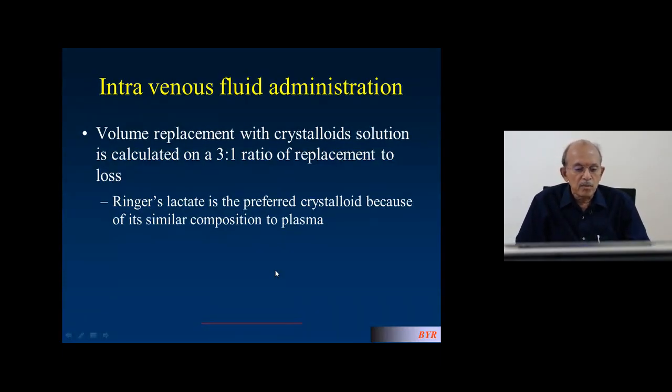Whenever you are opening the abdomen, it is not a minimal operation, it is a major operation. But if there is internal hemorrhage into the abdominal cavity, then the minimum you can do, if you're in a small nursing home where facilities are not much available, is open the abdomen and do packing.